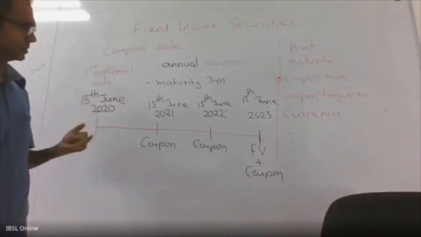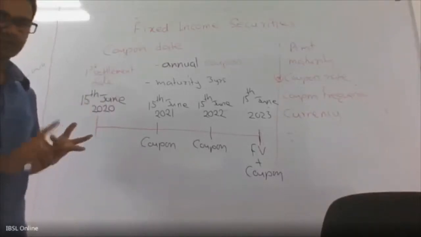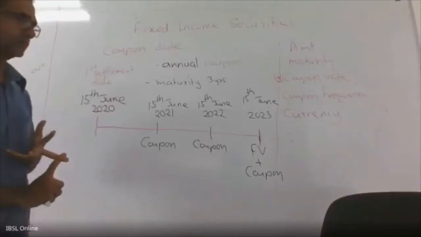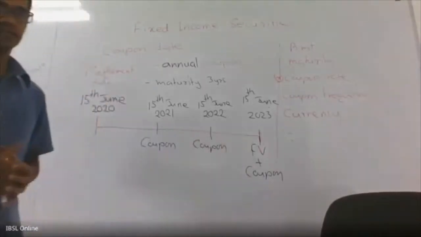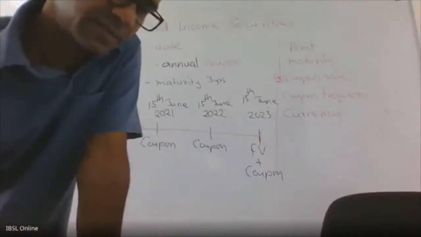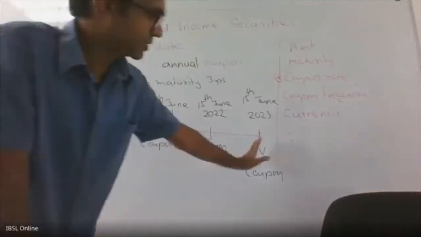What is a coupon? What is the coupon rate? What is the coupon frequency? And what are the cash flows? Is the face value and the final settlement value the same? What do you get on the maturity date?